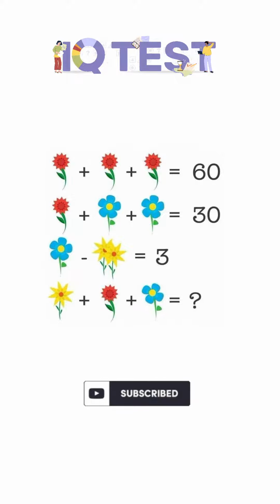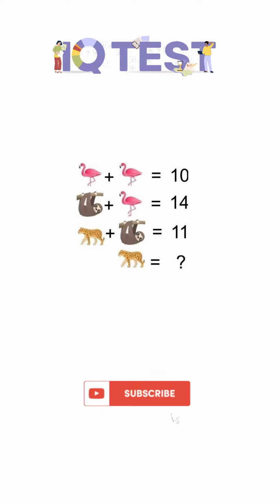All right. So let's have a look at the next one. So this is what we have for the next one. Yes, the flamingo is 5.